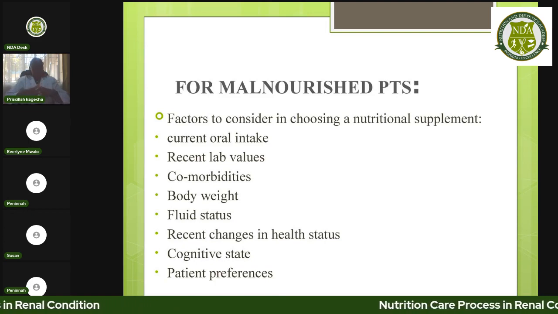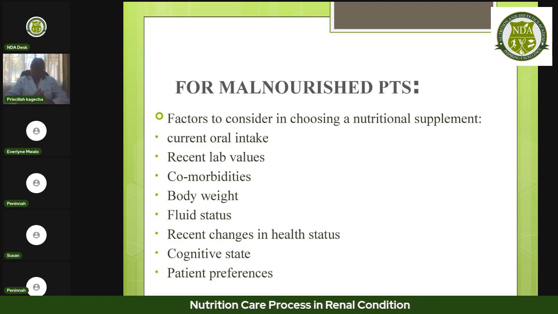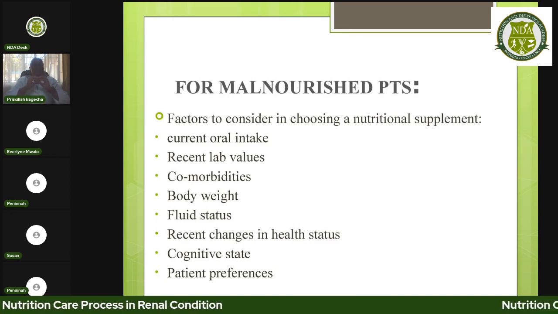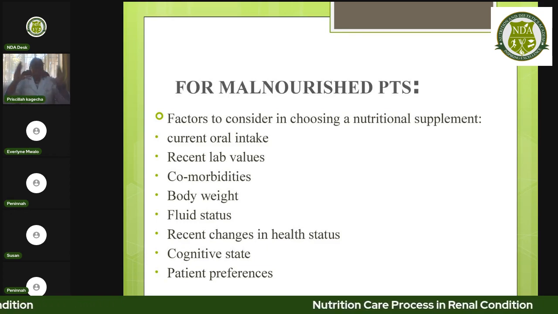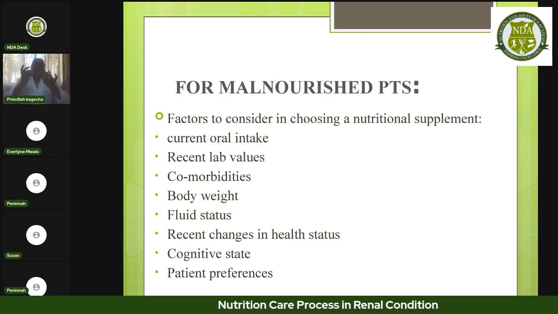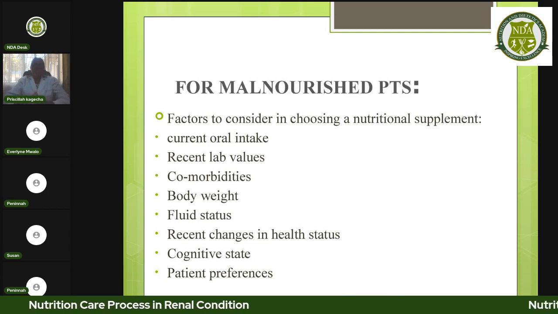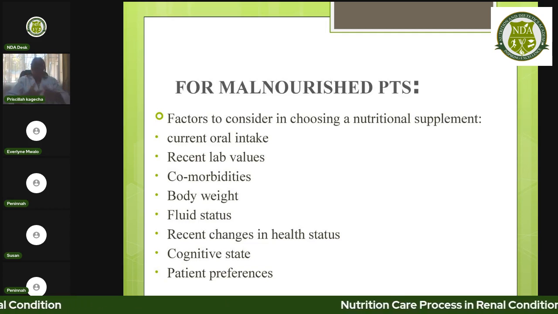So in the nutrition care process, as we've said, we need to look at all that. And also, for you to intervene well, you need to know the medical nutrition therapy in each condition. So we should be well conversant with different renal conditions and their therapies, so that we may be able to intervene well.